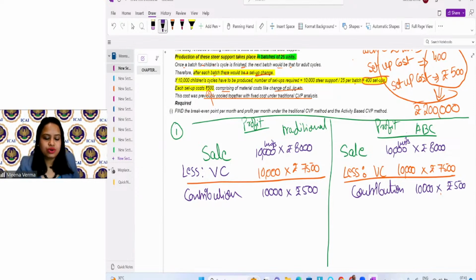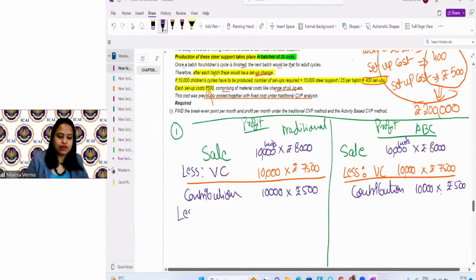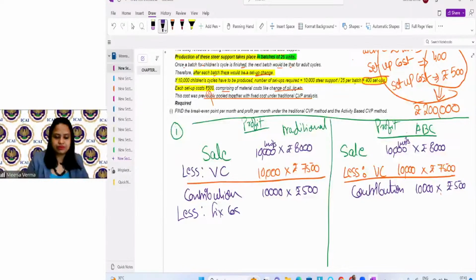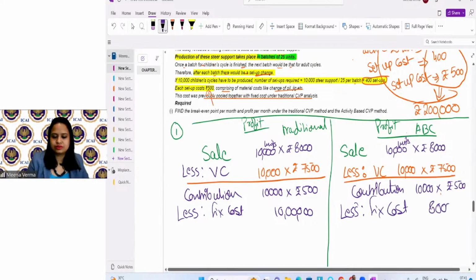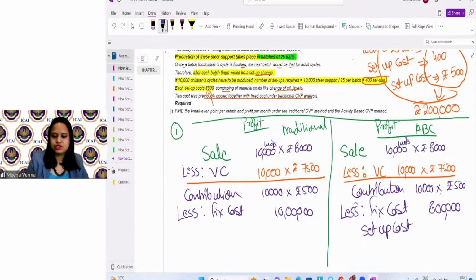Then see, what do you have to find here? You have to find the profit in both the cases. So less fixed cost. In this case, we have assumed the fixed cost as 10 lakh. Less fixed cost is 8 lakh, and less the setup cost is 2 lakh.